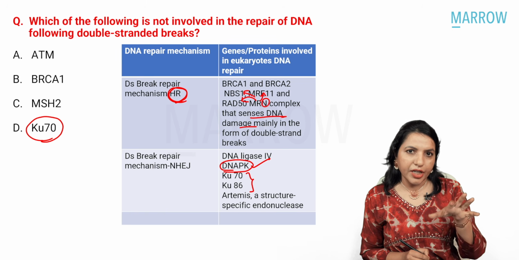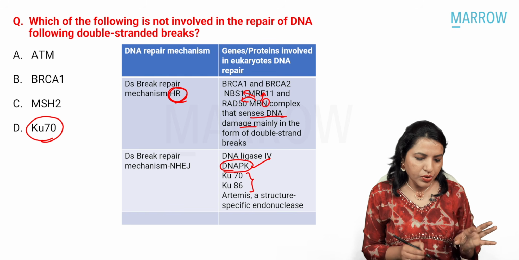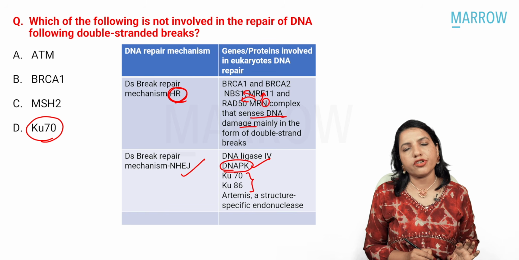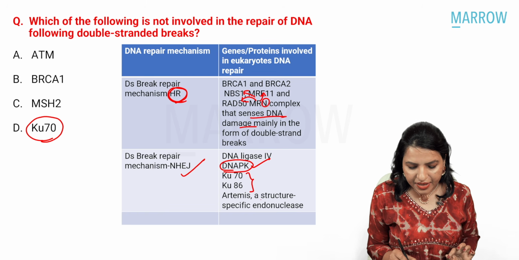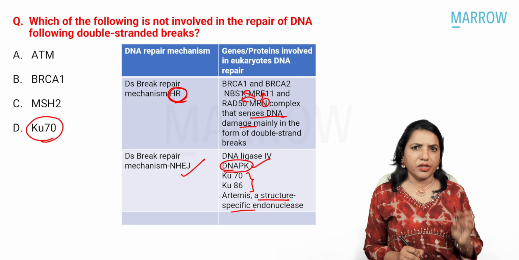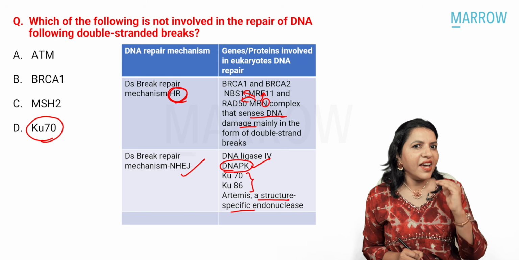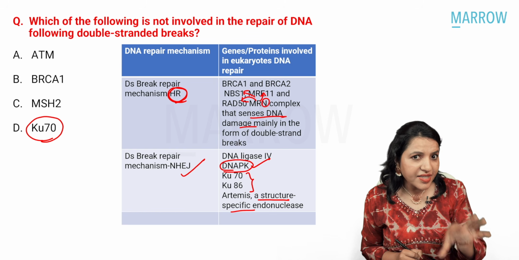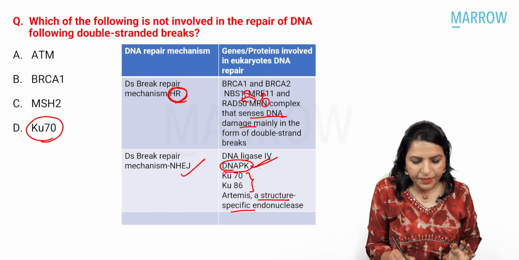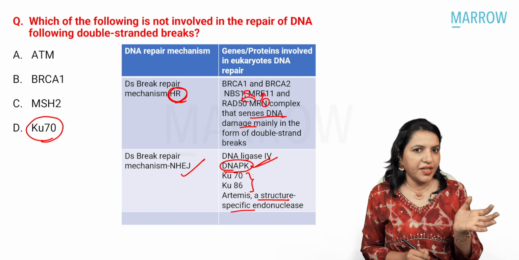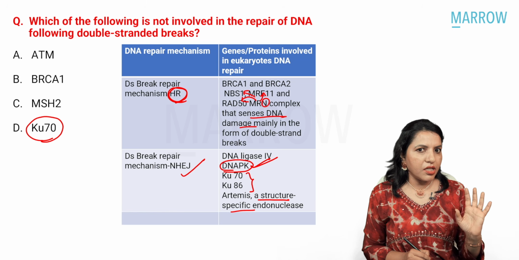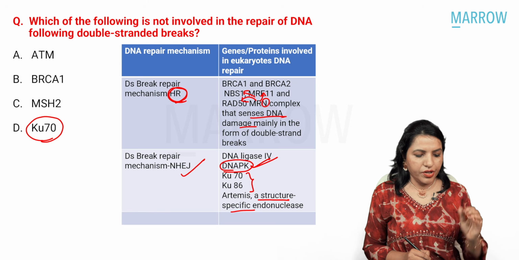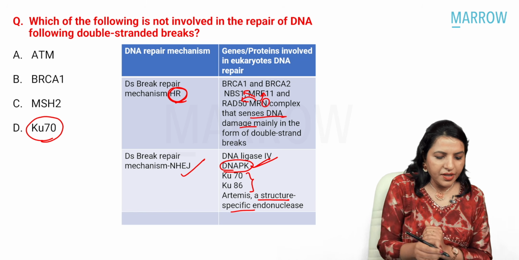Another endonuclease involved in non-homologous end joining is called Artemis. It is a structure specific endonuclease. At least learn DNA protein kinase and Ku proteins, which are involved in non-homologous end joining. Now we see the options here.